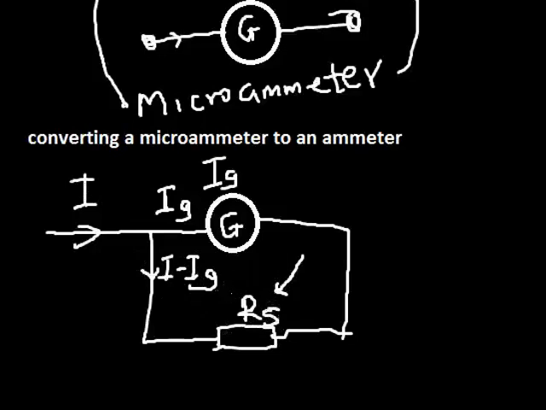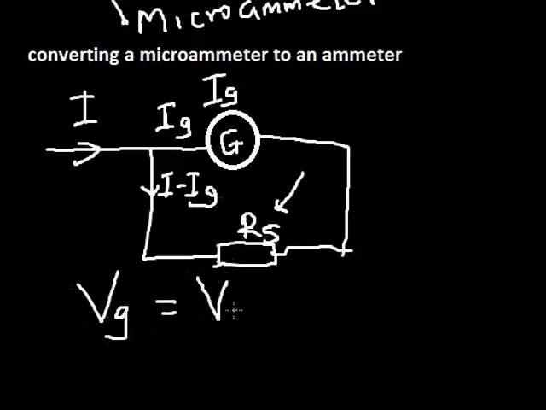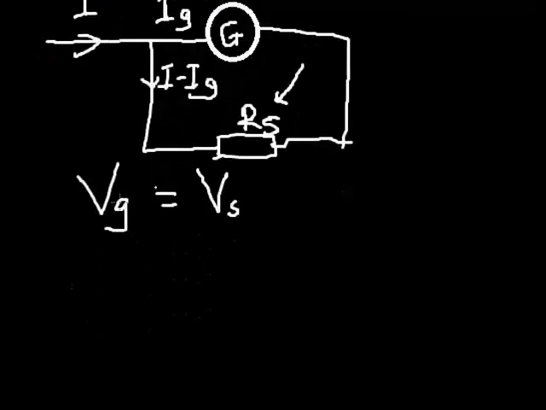What is the value of the shunt resistor? To get it, remember, both the galvanometer and the shunt resistor are in parallel, and when components are in parallel, their voltage is the same. So the voltage of the galvanometer, VG, is equal to the voltage of the shunt resistor. According to Ohm's law, voltage is equal to IR.